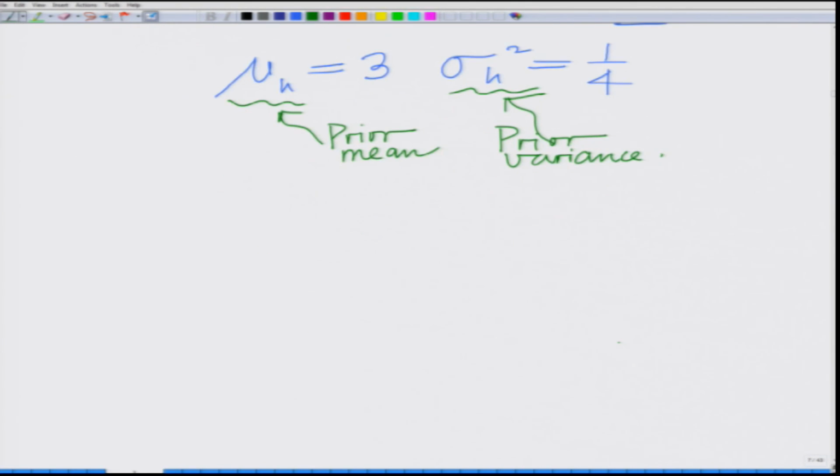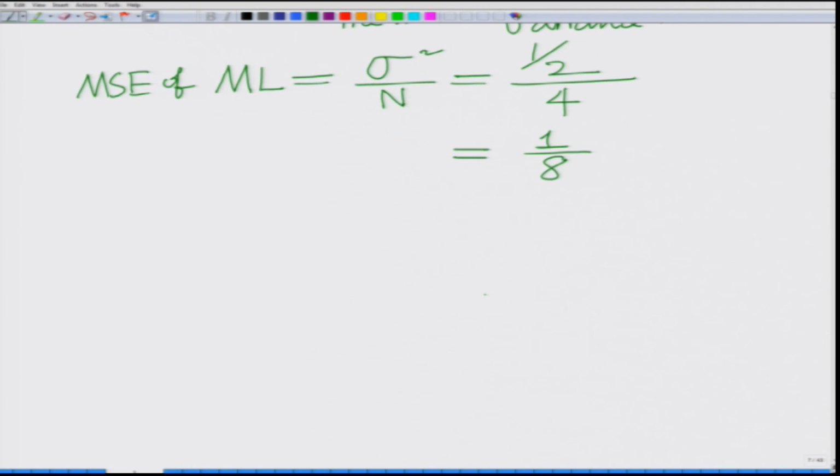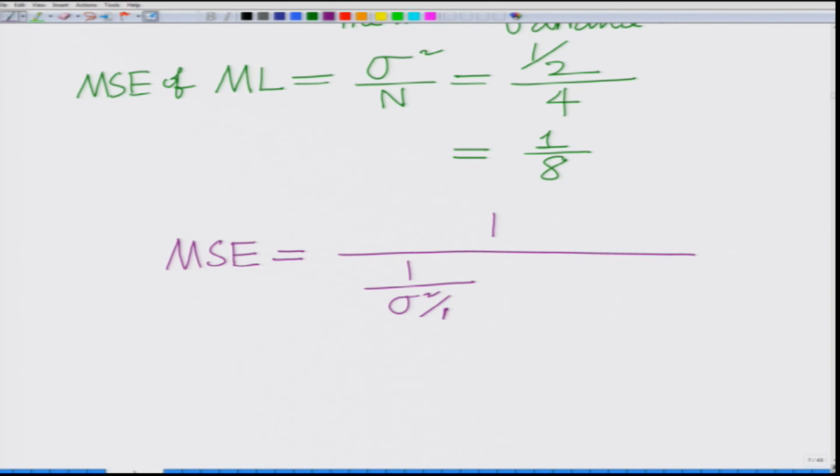Therefore, now we have all the ingredients. The MSE of ML equals sigma square divided by n, that is sigma square is half, divided by n is 4. So, this is equal to 1 by 8, and therefore the net MSE equals 1 over, 1 over sigma square over n plus 1 over sigma h square.